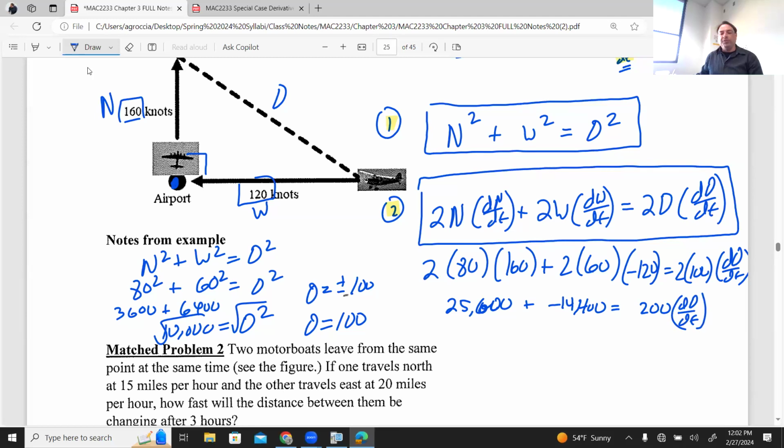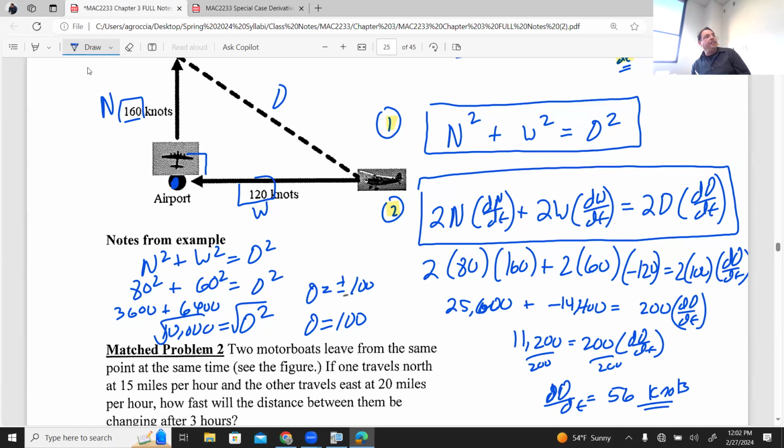If I combine those, that gives you 11,200 equals 200 dd over dt. Divide by 200, and we get dd over dt equals 56, and it would be 56 knots.